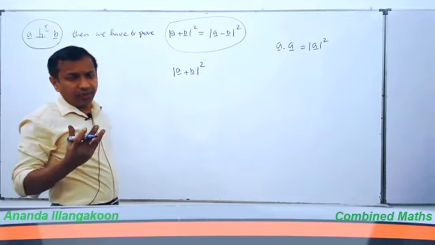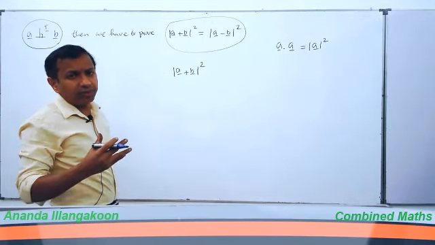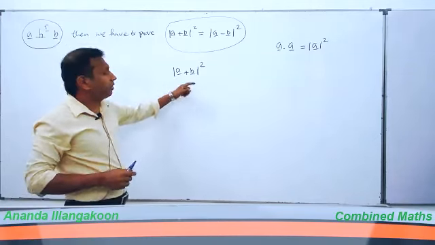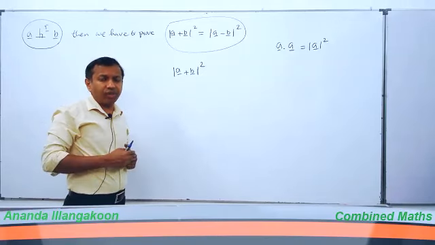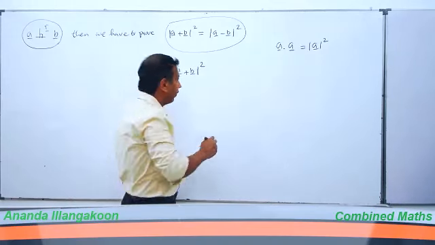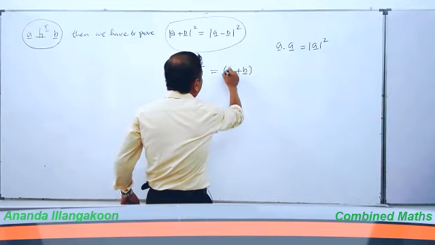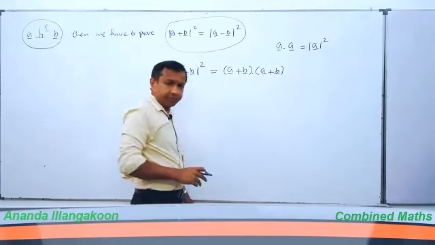A vector. When we add two vectors, the answer is another vector. Then A plus B is a vector. Its modulus perfect square can easily be written as A plus B dot A plus B. Am I correct? Right?